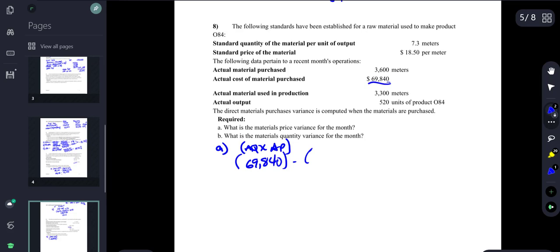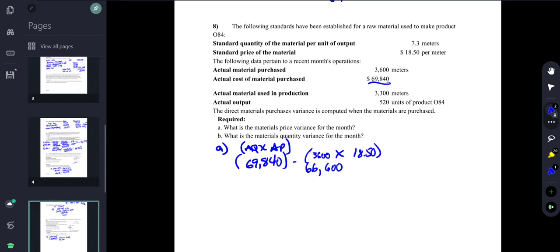So we have actual quantity of 3,600 meters times the standard price, which is $18.50 a meter. That means this calculation will be 66,600.